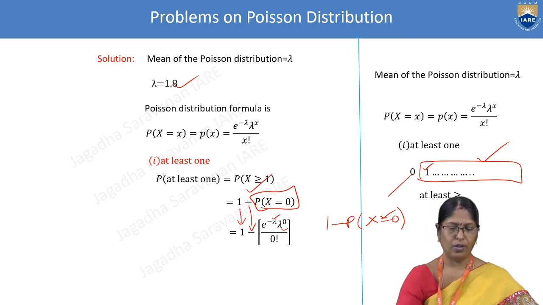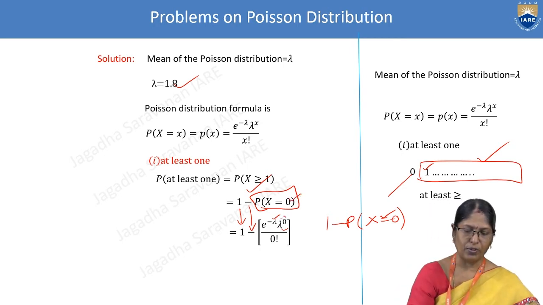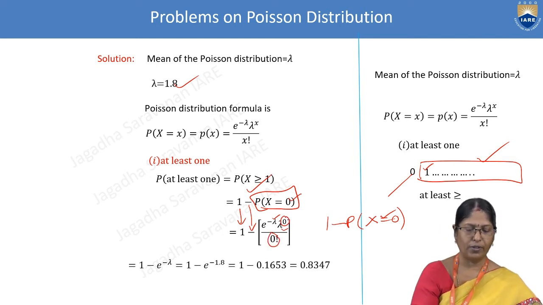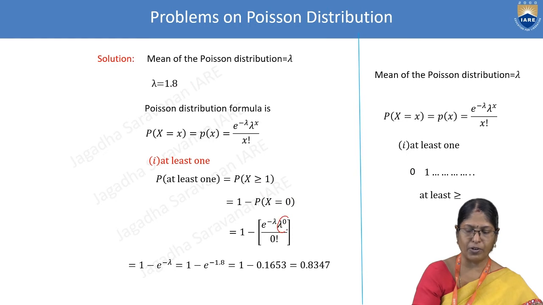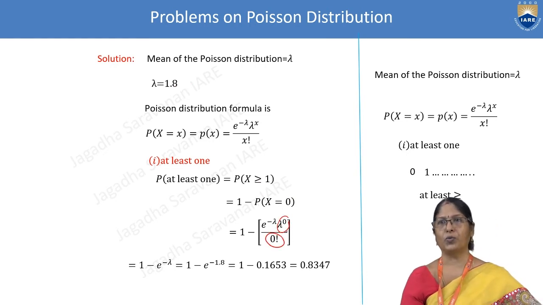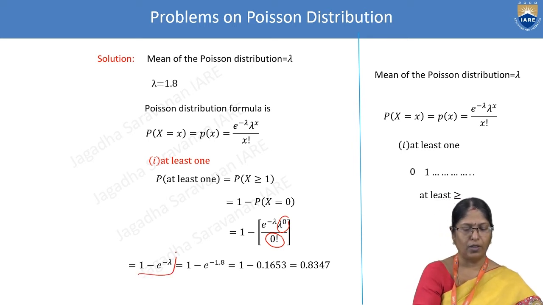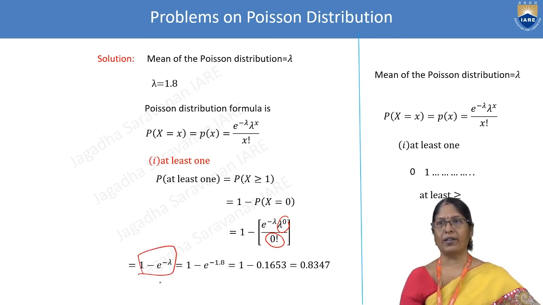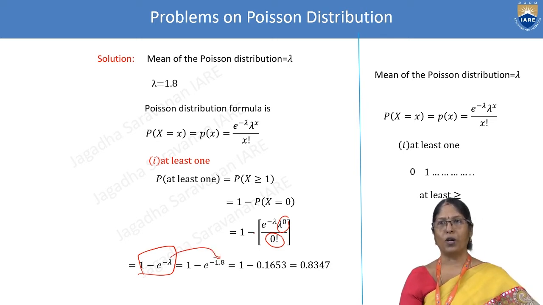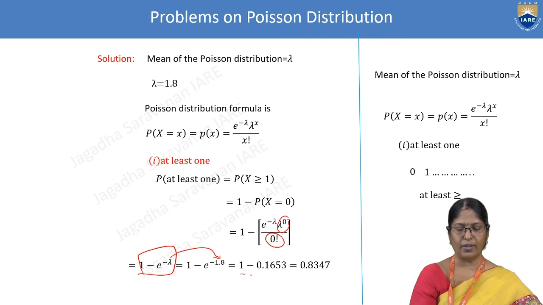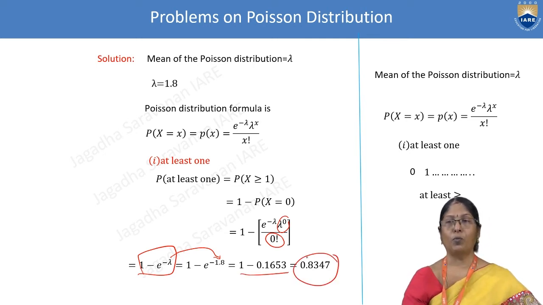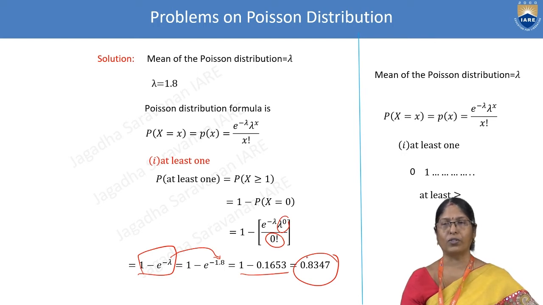Now X equal to 0, we substituted 0. We know lambda power 0, the value is 1. 0 factorial, the value is 1. So here 1 minus e power minus lambda, where lambda is 1.8, so minus 1.8. The final answer we got is 0.8347.